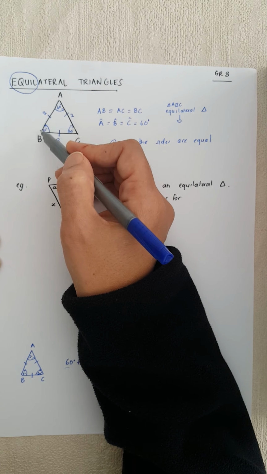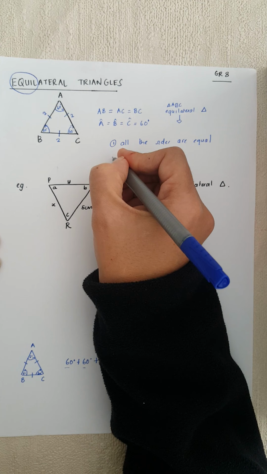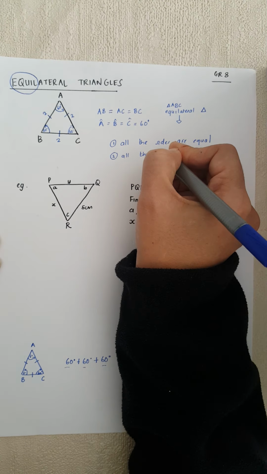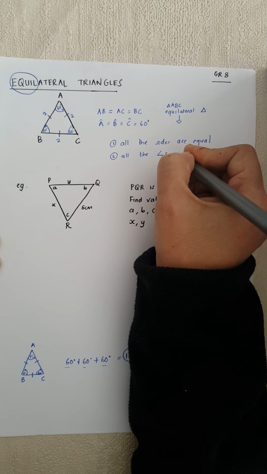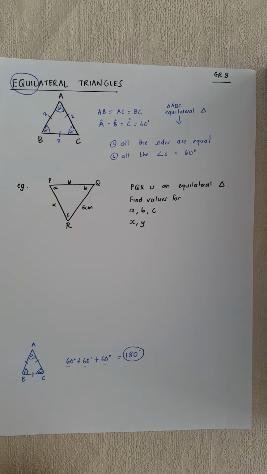So if they tell you one side is 3, then all are 3. Or if they say one side is 4, then all are 4. And then all the angles are equal to 60 degrees. That's the rules of an equilateral triangle.